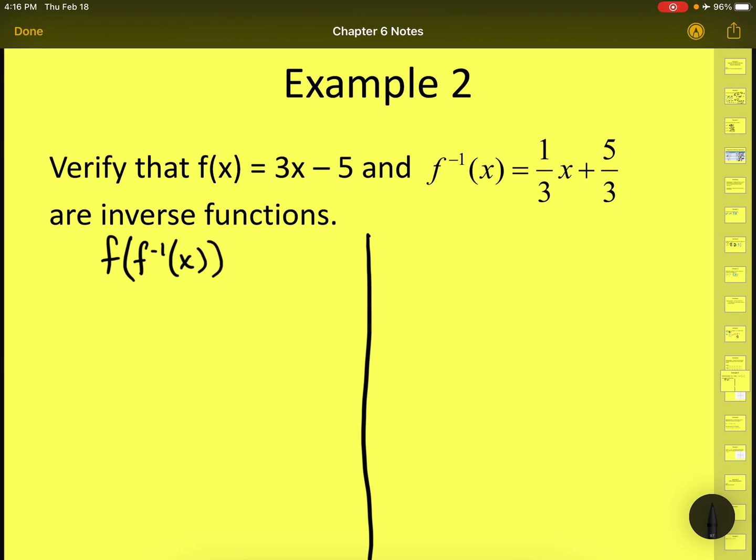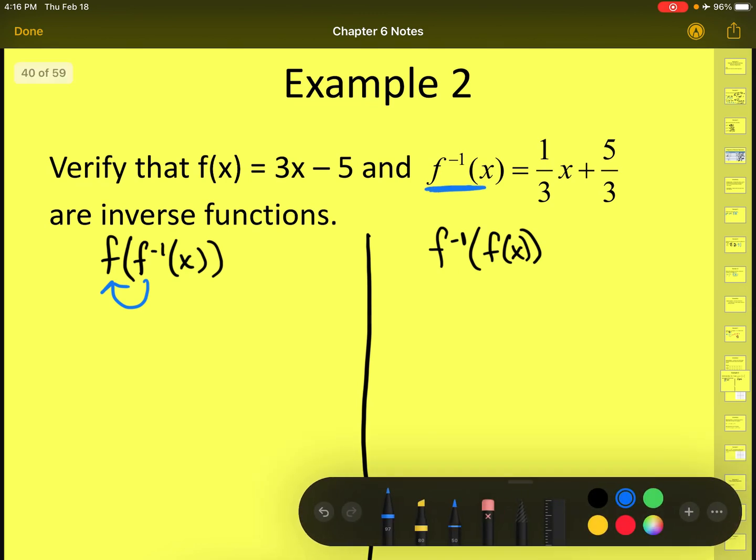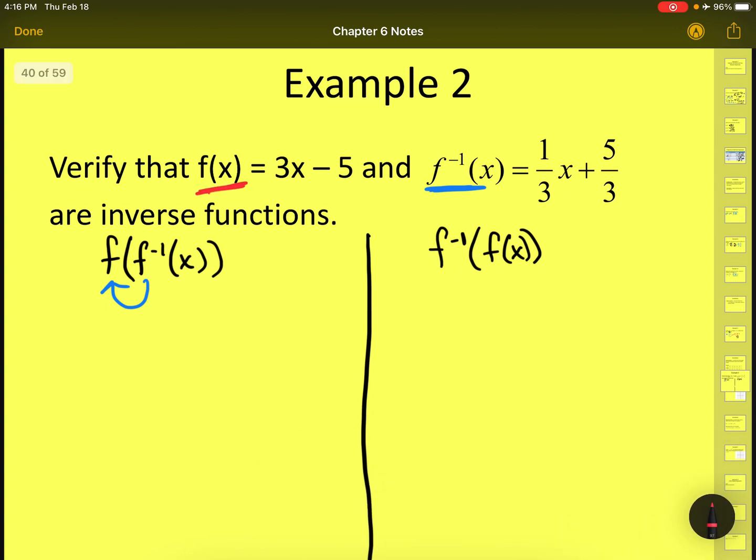So one at a time, we're going to plug one of them inside of the other and then vice versa. So let's start by plugging the inverse inside function f. I'll make the inverse blue and regular function f red. So I'm taking the inverse and plugging it into function f.